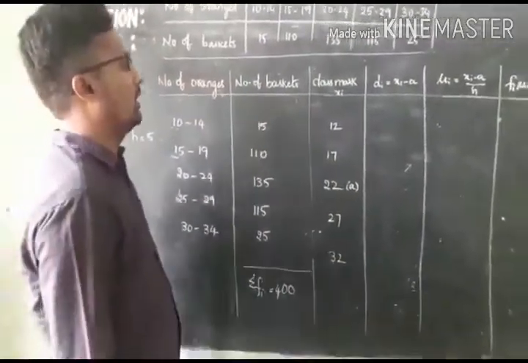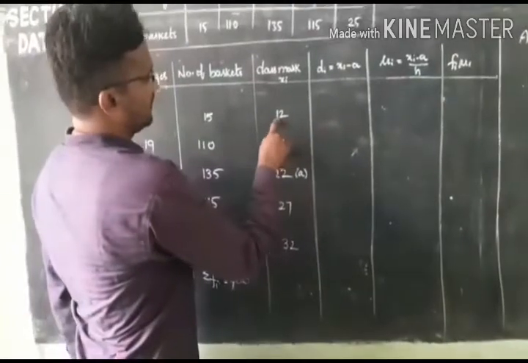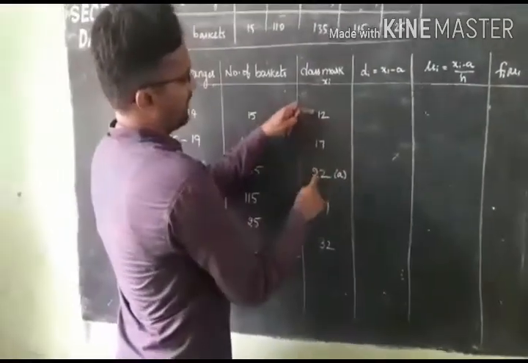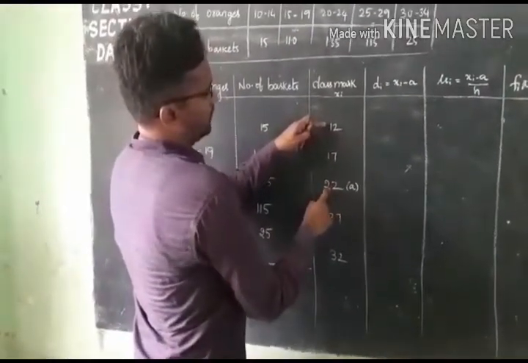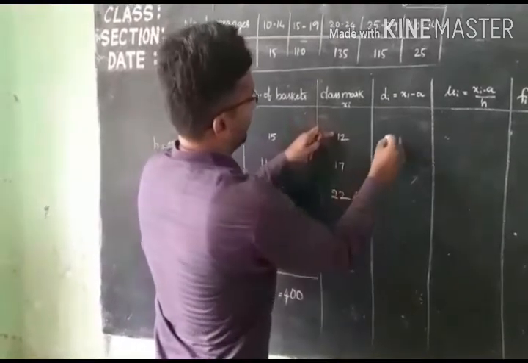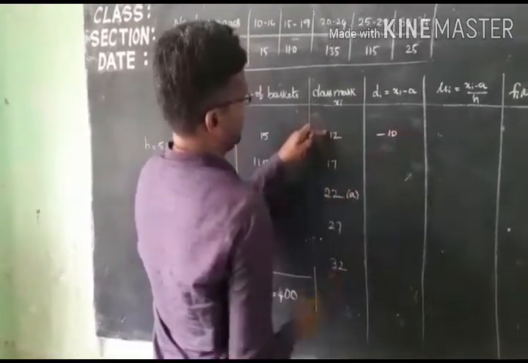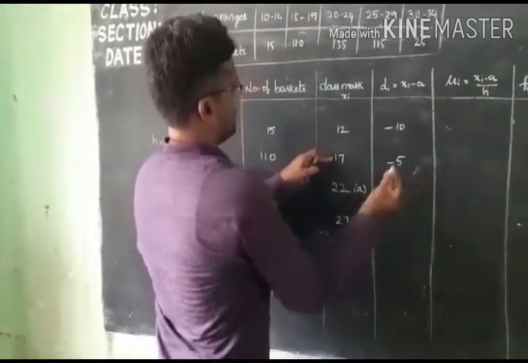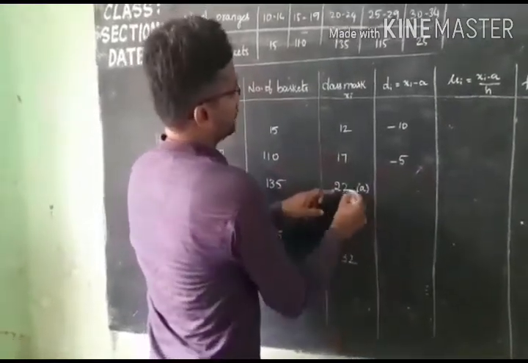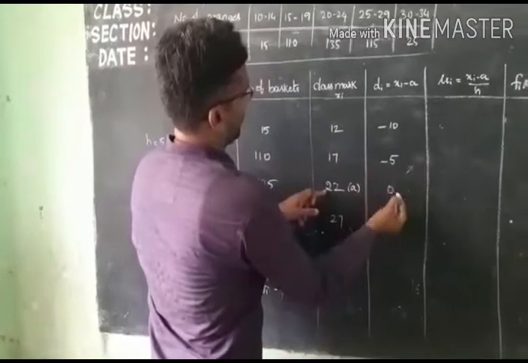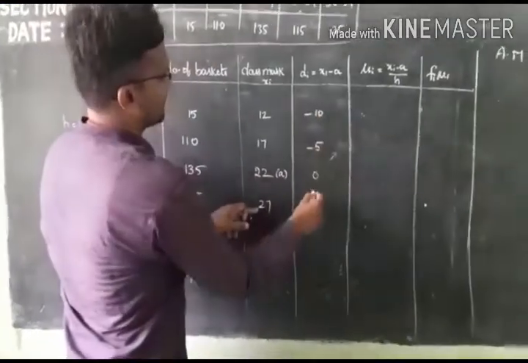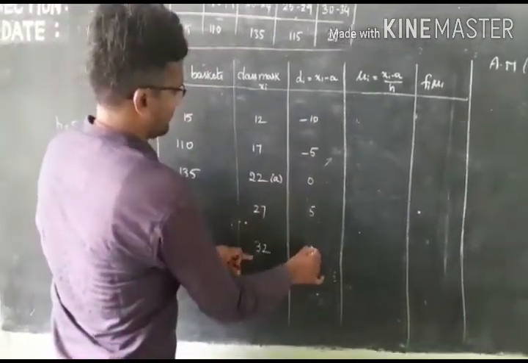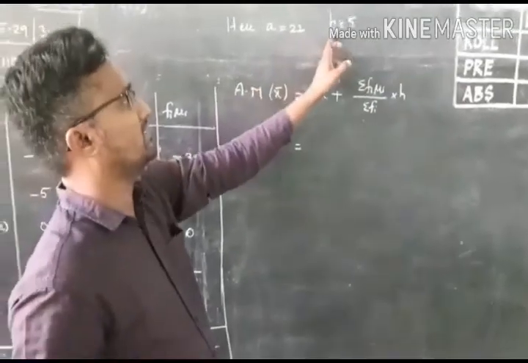As usual, we find xi minus a: 12 minus 22 is minus 10, 17 minus 22 is minus 5, 22 minus 22 is 0, and you can keep on increasing since this is a number line, by the class size 5.